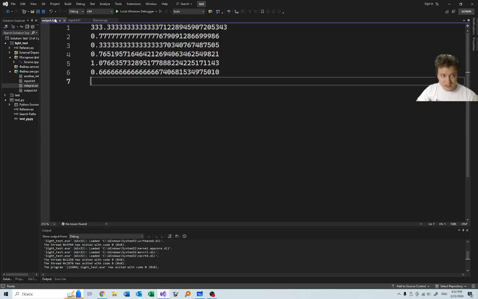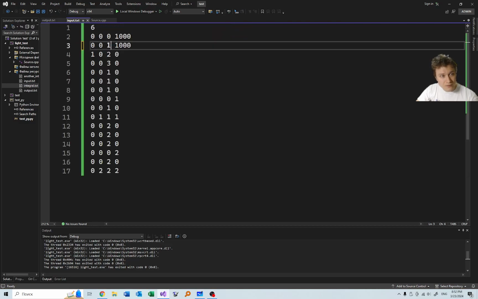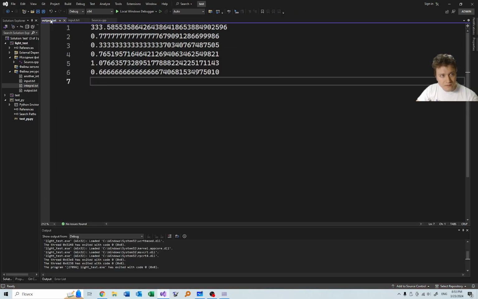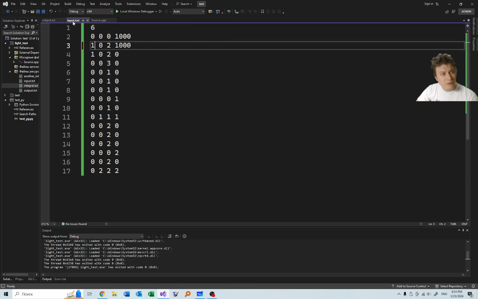But if we replace 0 by 1, it somehow changes. But what if we write it like this? Okay, this is strange.